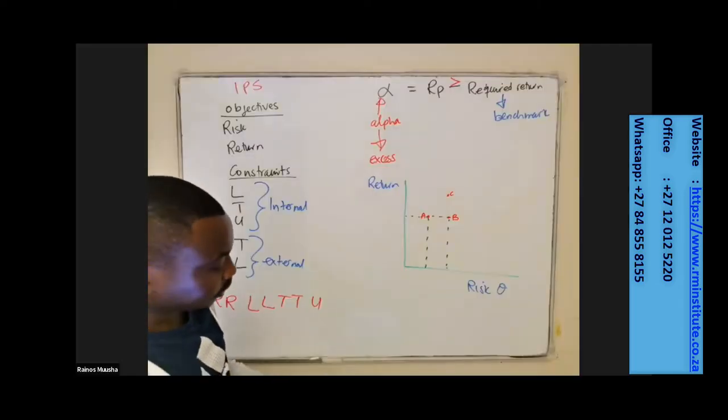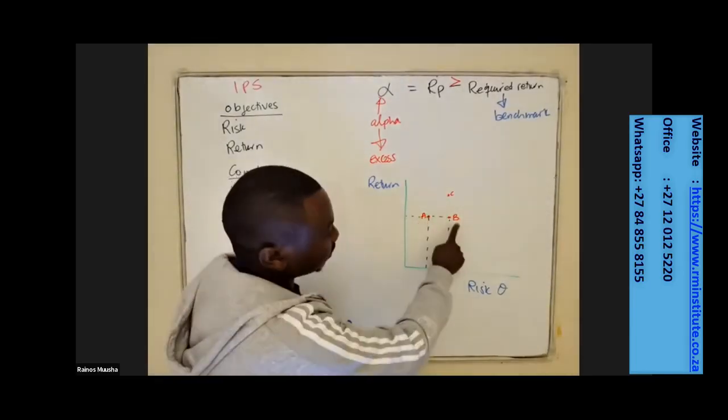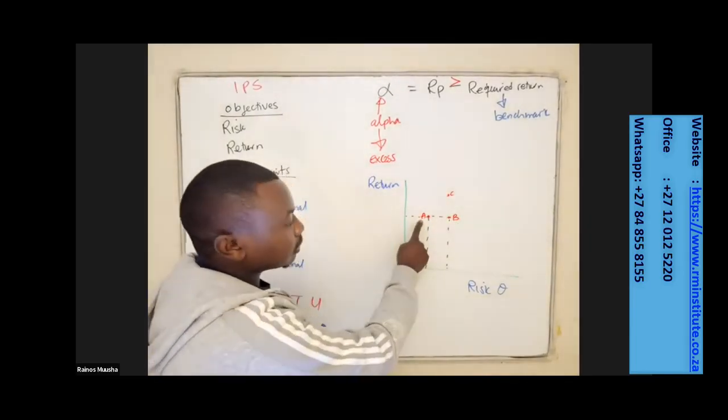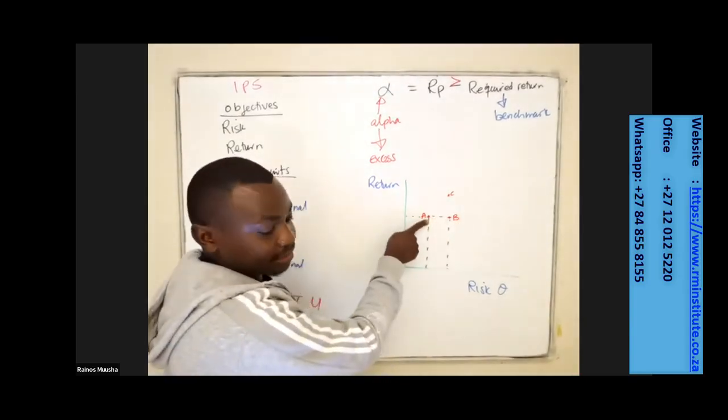I'll choose A because A is the same return, but it's lower risk. Yes. So you would choose A if asked to compare portfolio A and B, because for the same return, A is exposed to less risk, isn't it?